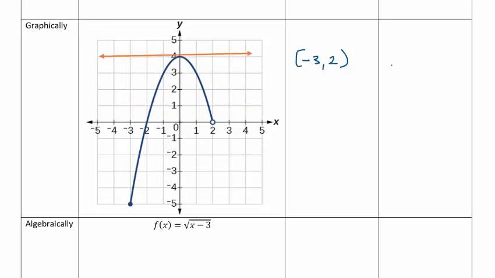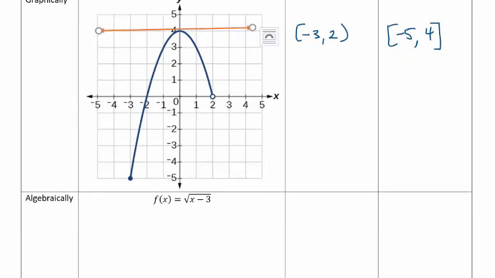So the range is from -5, the smallest y value, to the largest one, which is 4. And both of those points existed on the graph, and therefore the y values should be included in this interval. So [-5, 4] inclusive.